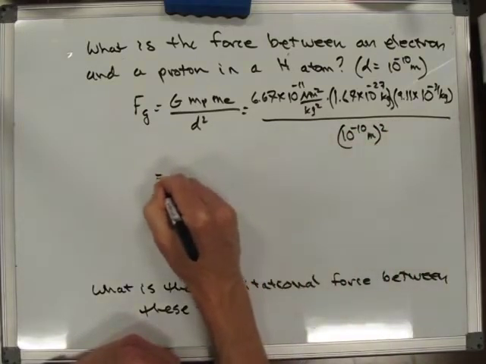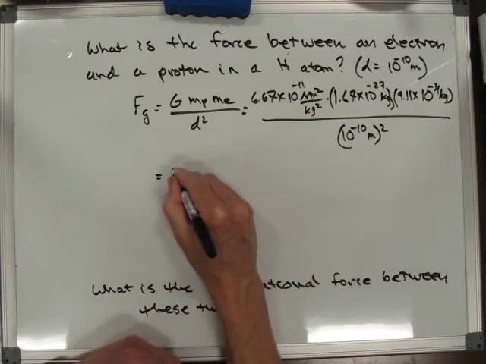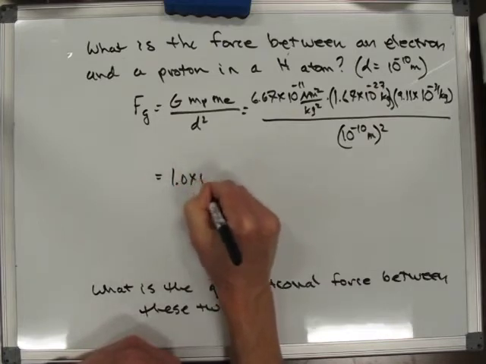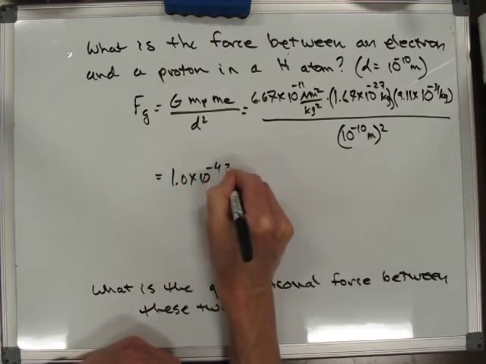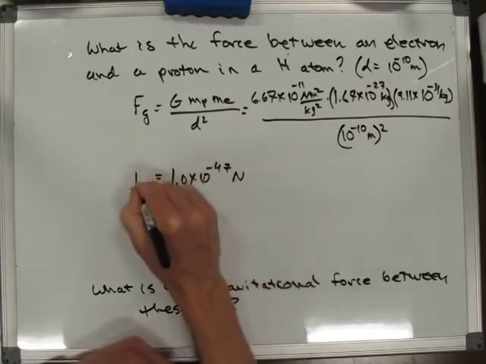And this comes out to be about 1.0 times 10 to the minus 47 newtons.